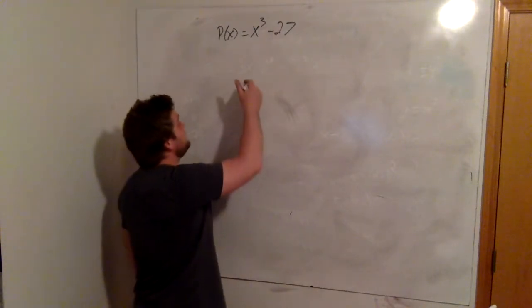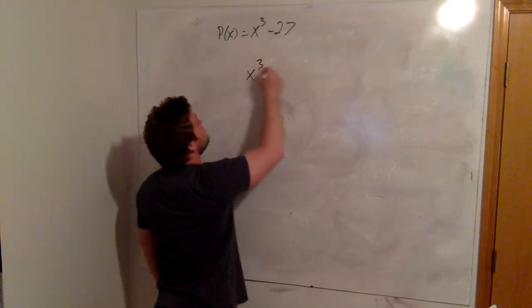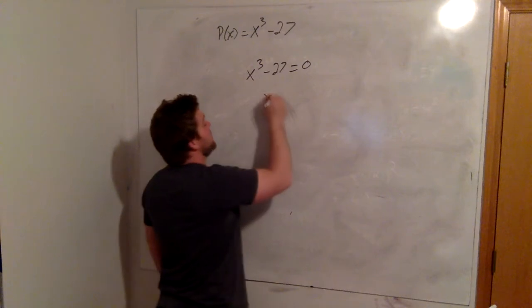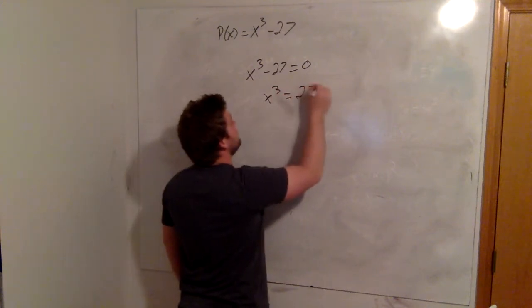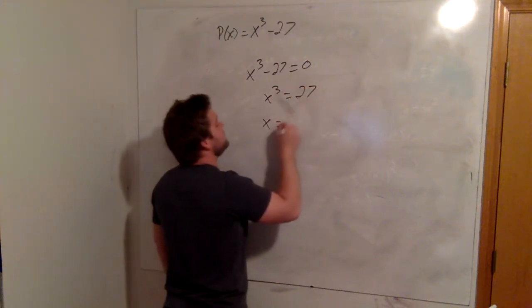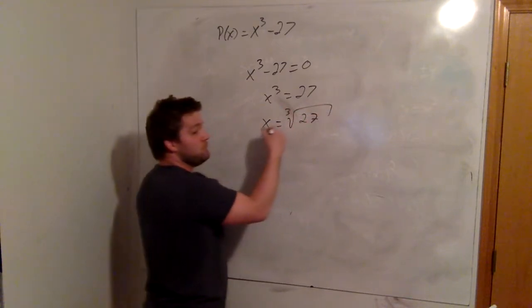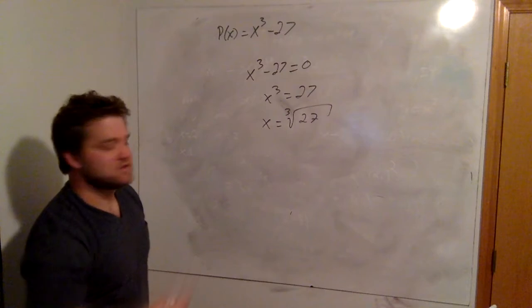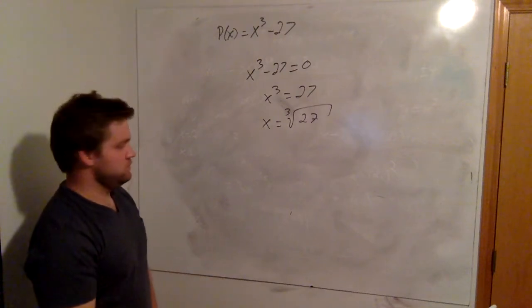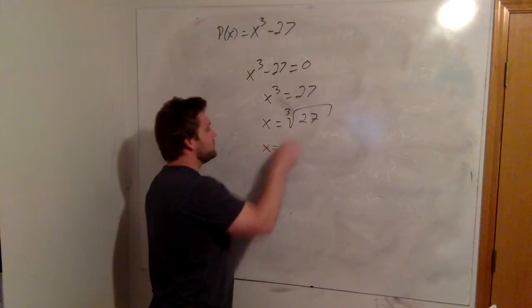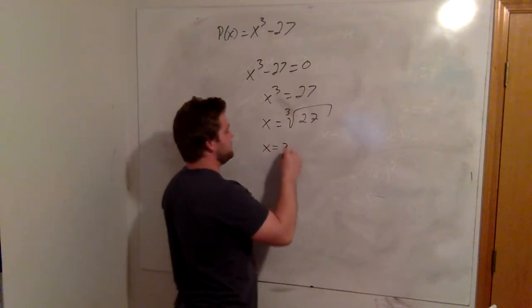For example, I can easily solve when x cubed minus 27 is equal to 0. That's when x cubed will be equal to 27. So x will be equal to the cube root of 27. Remember, when you do cube roots, you don't do pluses or minuses. You only do the plus or minus with even roots. Okay. So the cube root of 27, I believe, is 3.